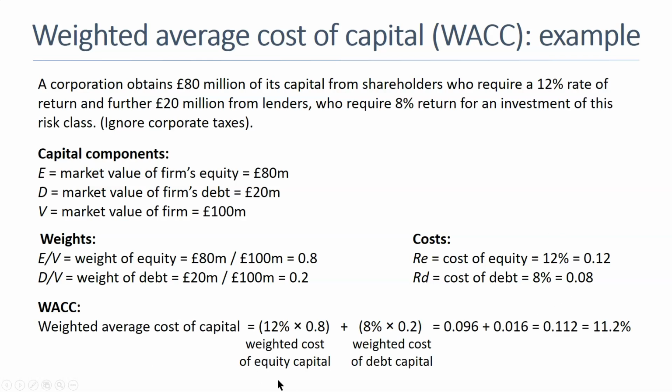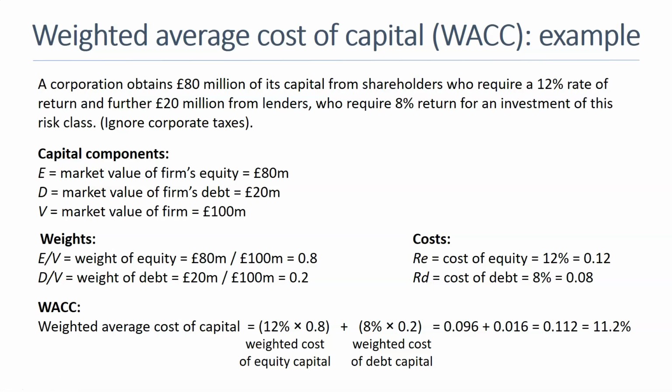So here we can see the first component, the weighted cost of equity capital, 12% return expected times its weight, and weighted cost of debt capital, 8% on debt times its weight in total capital of the company. If we make the calculations, we will get the number of 11.2%. This is our WACC, weighted average cost of capital, 11.2%.